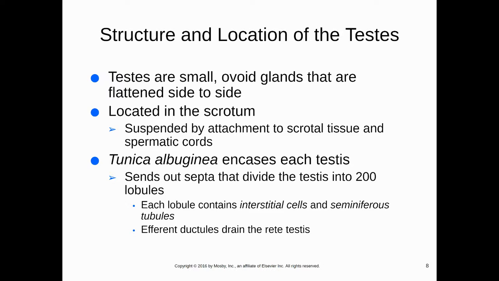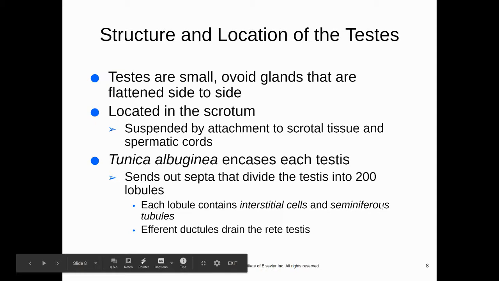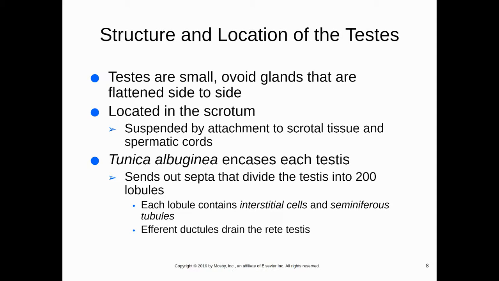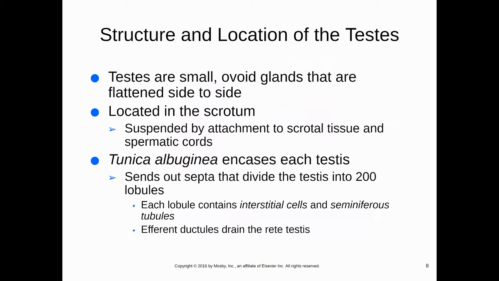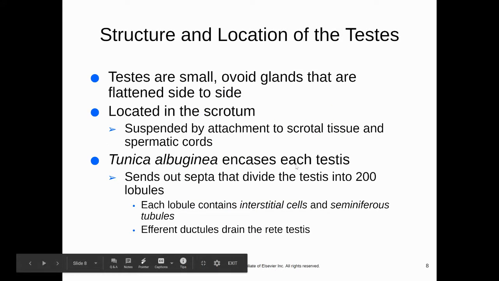Essentially, those have interstitial cells and seminiferous tubules. Essentially, those are where the sperm is made. Your gametes are made in that area, and then they go out through the epididymis.